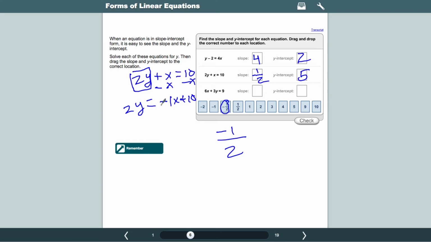So I put the x in front. That's all I did. Now I'm going to divide by 2 to get that y by itself. And I know I'm dividing because it's inside the box now. So the 2 goes away, and I have y equals negative 1/2 x. And 10 divided by 2 is 5.